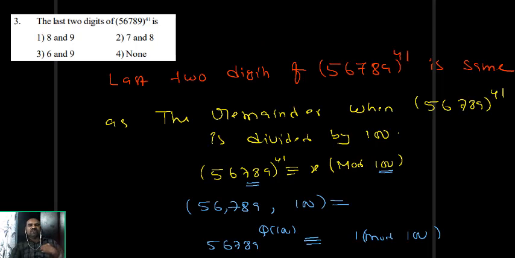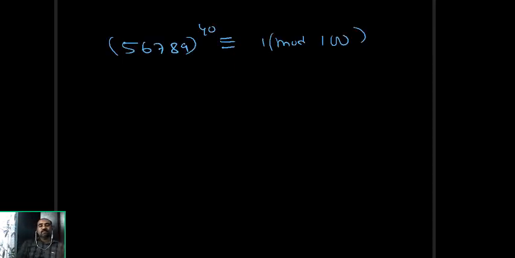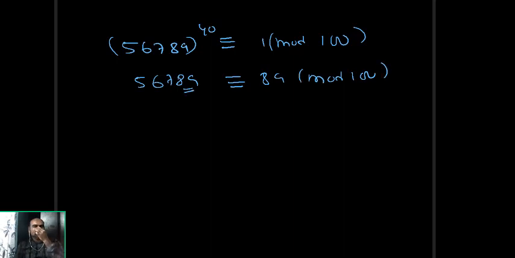But what you want is 41. So 5789 is congruent to 89 modulo 100, obviously. What is the meaning of that? If this total number is divided by 100, 89 will be the remainder.